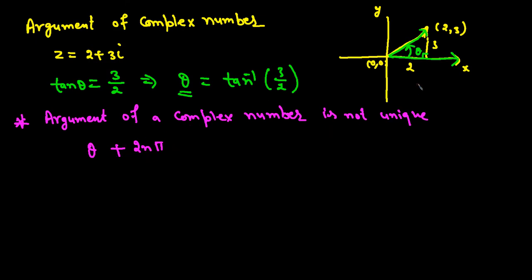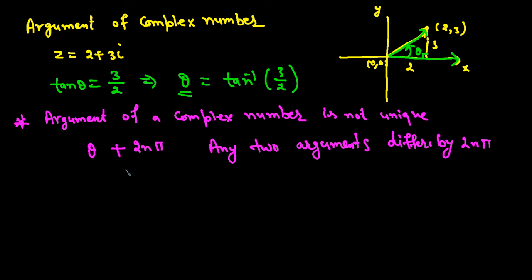If n is 1, then it is theta plus 2 pi, and then 4 pi, 6 pi, 8 pi, and so on. So any two arguments differ by 2n pi.